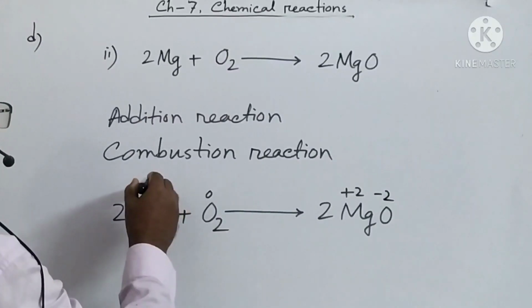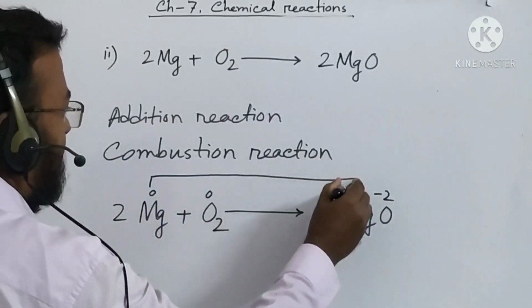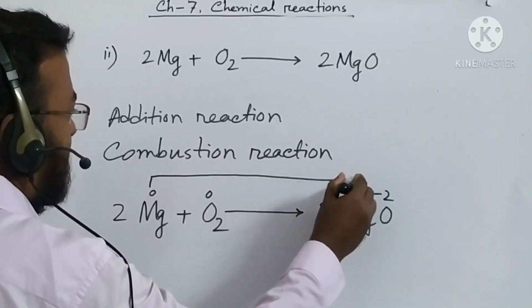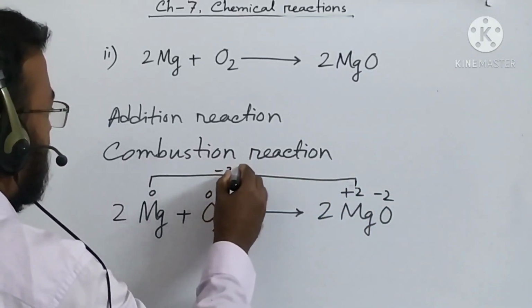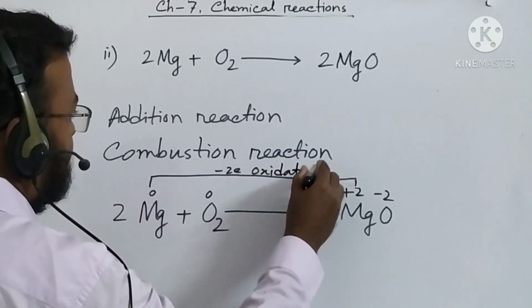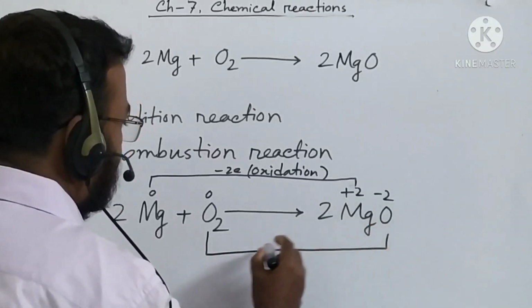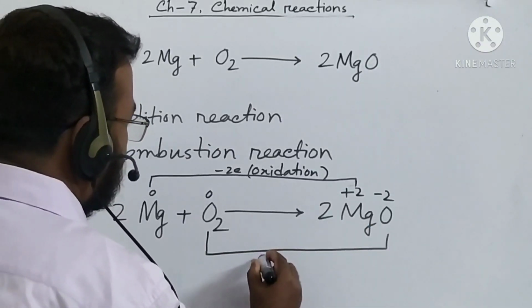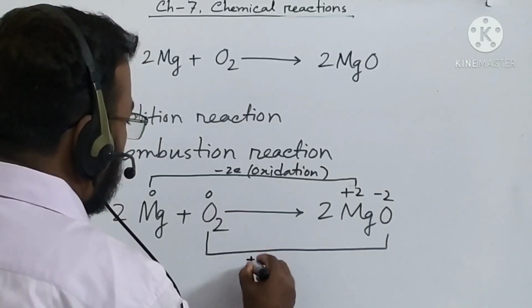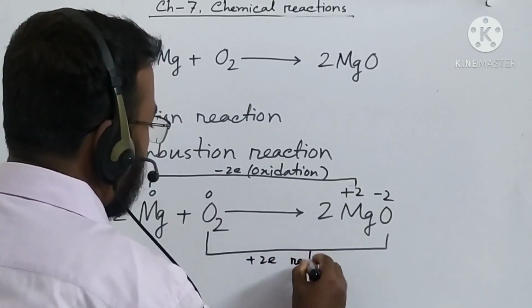Now in this case, magnesium donates 2 electrons, so it is an oxidation reaction. Again, oxygen receives electrons, so it is a reduction reaction.